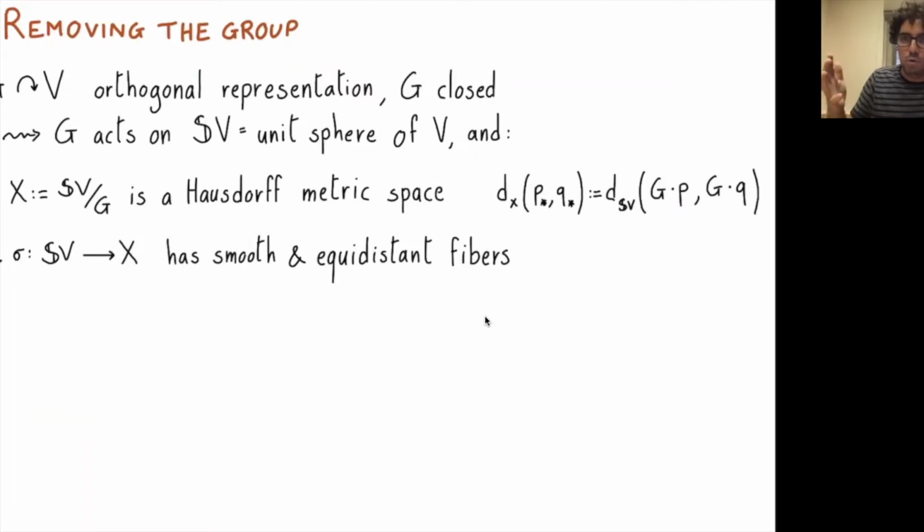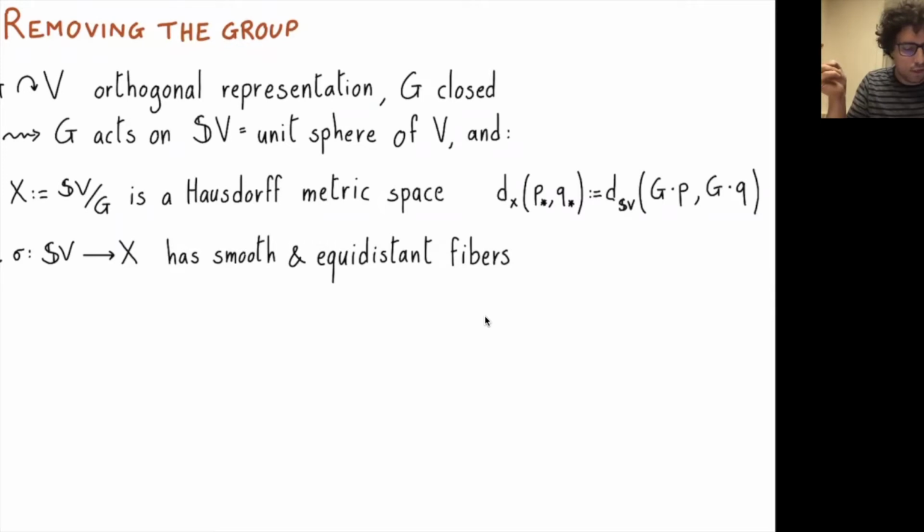Now, before removing it, just a quick remark: if you have an orthogonal representation, then the group G acts on the unit sphere of V, which from now on I will denote by SV. And we have a couple of things.